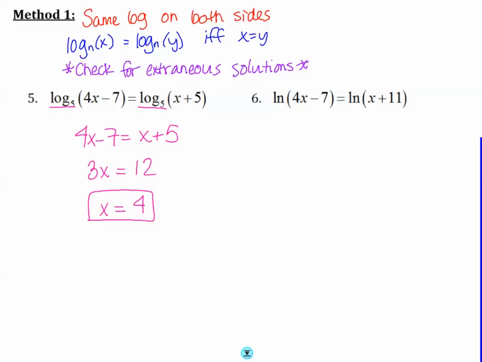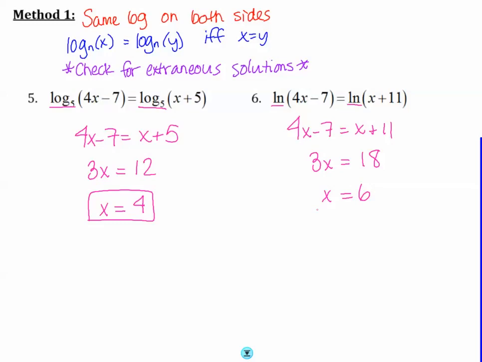If I look at problem number 6, I have natural log of 4x minus 7 equals natural log of x plus 11. Both sides are natural log, so I can just focus on the part inside the parentheses. So again, I get the x's on one side, the numbers on the other, and finish solving.